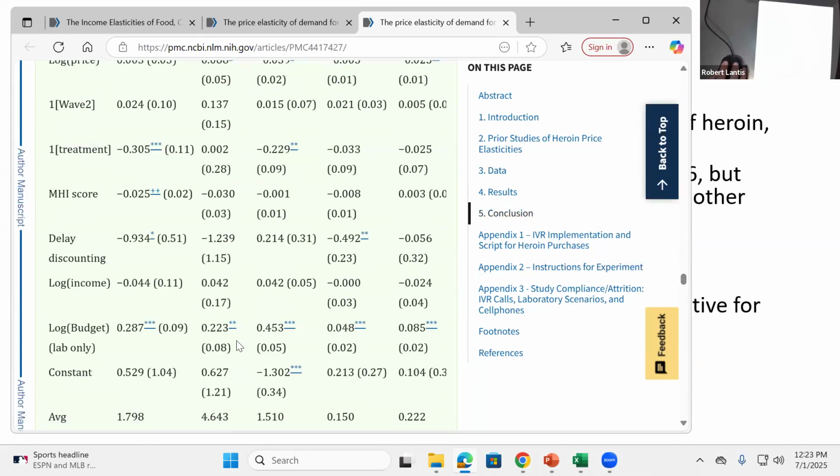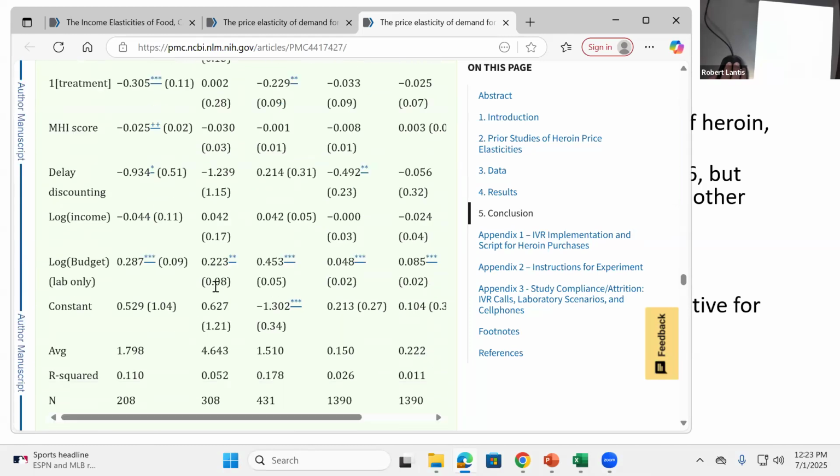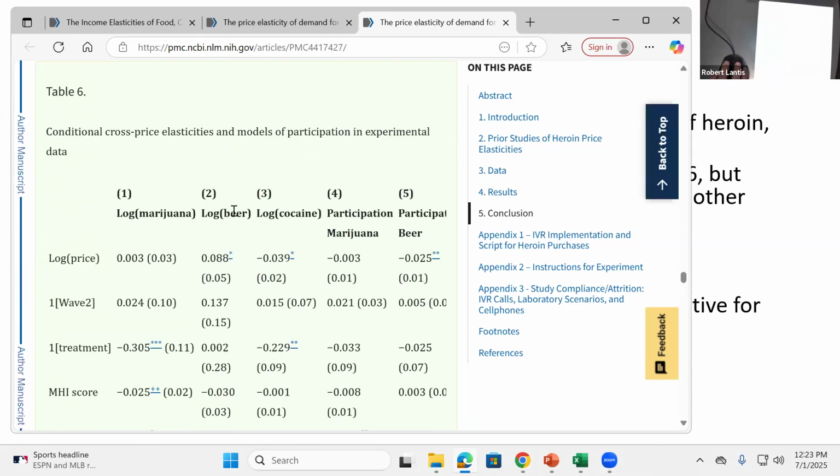Also notice they took the percent change in the budget and looked at how that impacts how much they use of each of these goods. Here it wasn't heroin, they had marijuana, beer, and cocaine. When the budget changed, people bought more of each of those. So these are all normal goods, right? When people had more money, they bought more of each one of these goods.